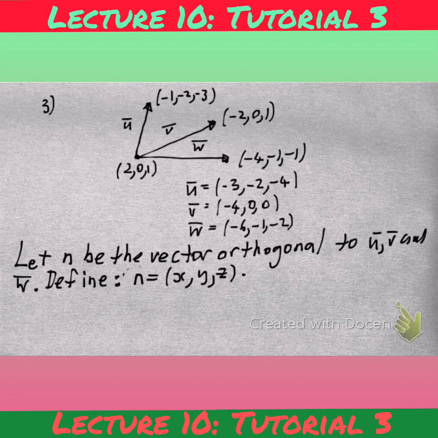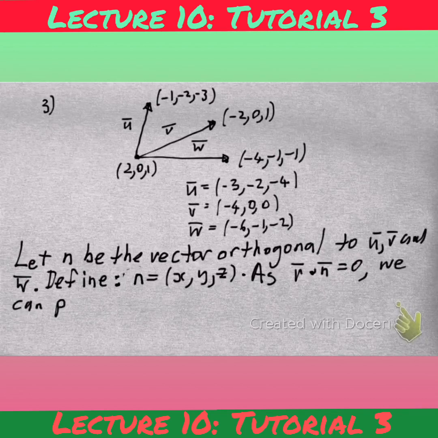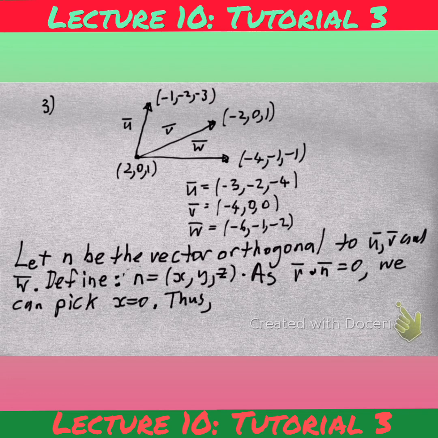Okay, so because n is orthogonal to v, v's dot product with n needs to be 0. So we can pick x as 0. That works well. Now we just need to go and pick values for y and z.